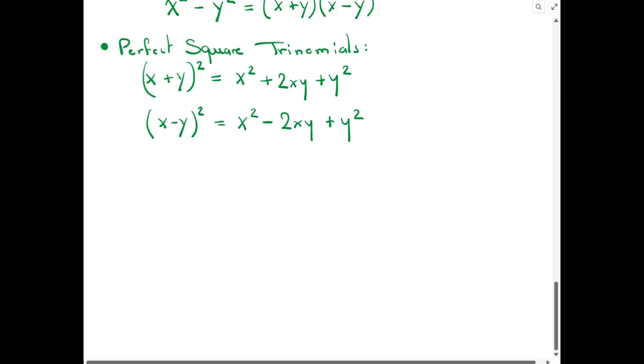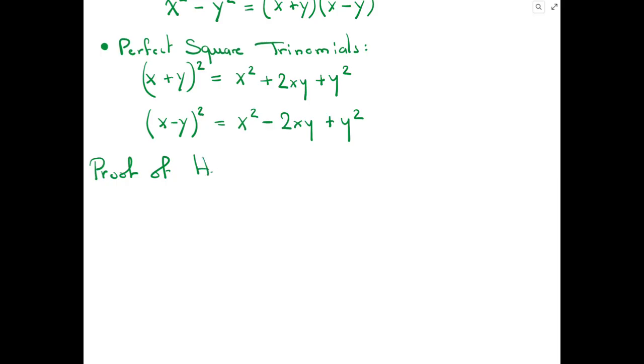So we're doing the proof of Heron's formula to find the area of a triangle when we have three sides.